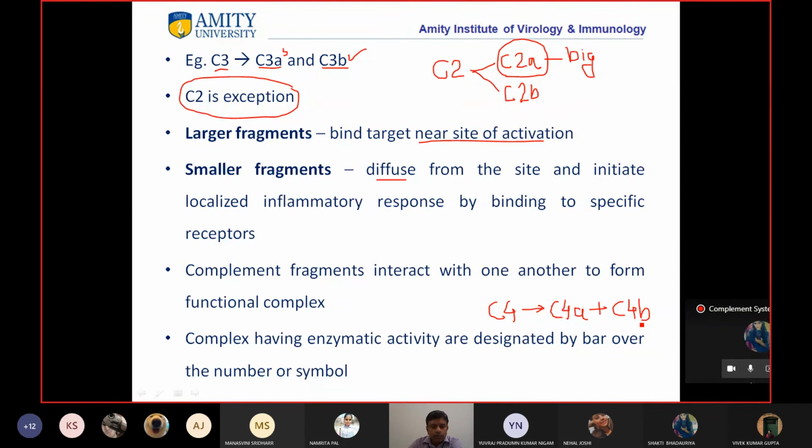Okay. Now the complex which is having enzymatic activity, they are designated with a bar. So we put a bar over them. Okay. So if you see a bar over a particular complement protein, it means that it is enzymatically active. Okay. Clear? Clear till this point?